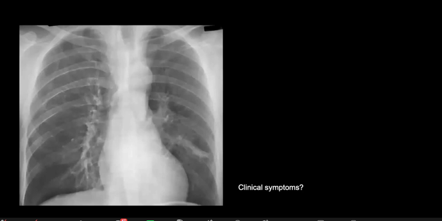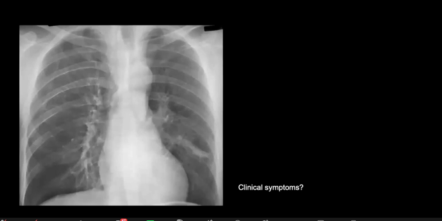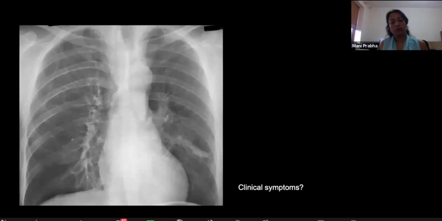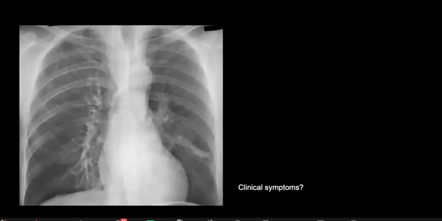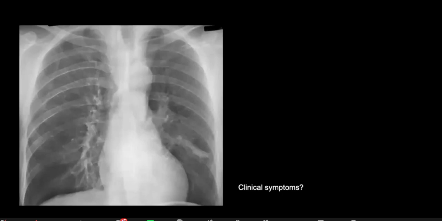The pulmonary arteries are within normal limits. There's no cardiomegaly. Looking at the ribs, there's bilateral inferior rib notching. Spot on, yes. And I think it spares the second rib. So this would be in keeping with coarctation of the aorta.